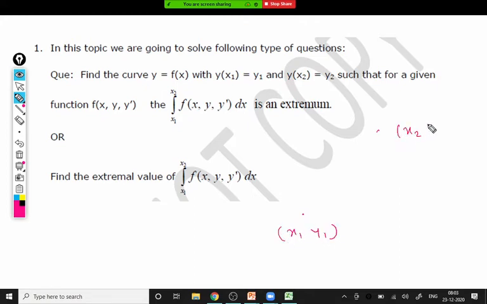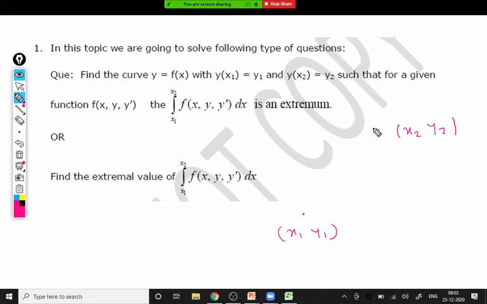We are given two points in the plane, and we have to find the equation of a curve passing through these two points. Now we know there are infinitely many curves passing through these points, because a straight line is only one, but the curve can be of any type. So many curves are possible from the given two points.